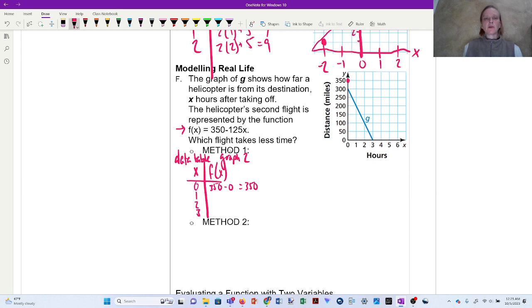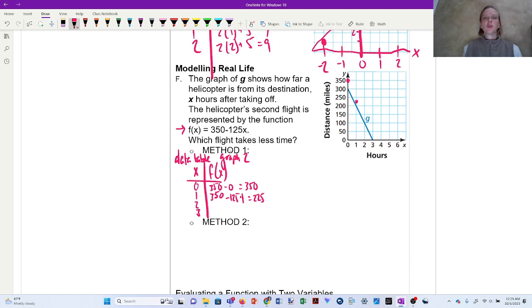How about when x equals 1? Well, when x equals 1, then I do the equation 350 minus 125 times 1. So that's 350 minus 125. And when I do that calculation, I get 225 as my answer. So when x equals 1, y is 225 right here.